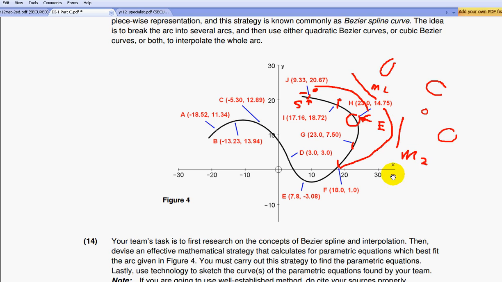Now if your interpolations and your spline are really good, you will find that m1 will be equal to m2. It must be, because it should be a smooth curve, even at this particular point h, where the two different arcs, the two different sets of equations, the one on top and the arc at the bottom, are joined together.